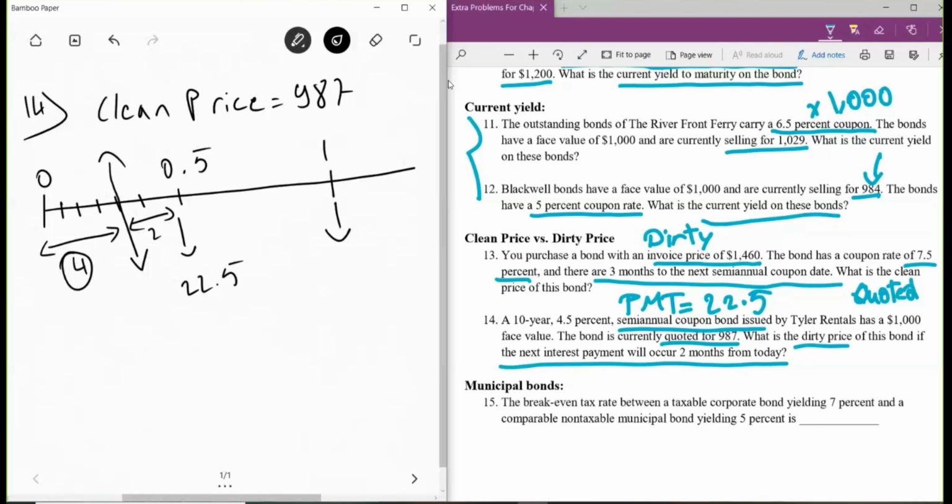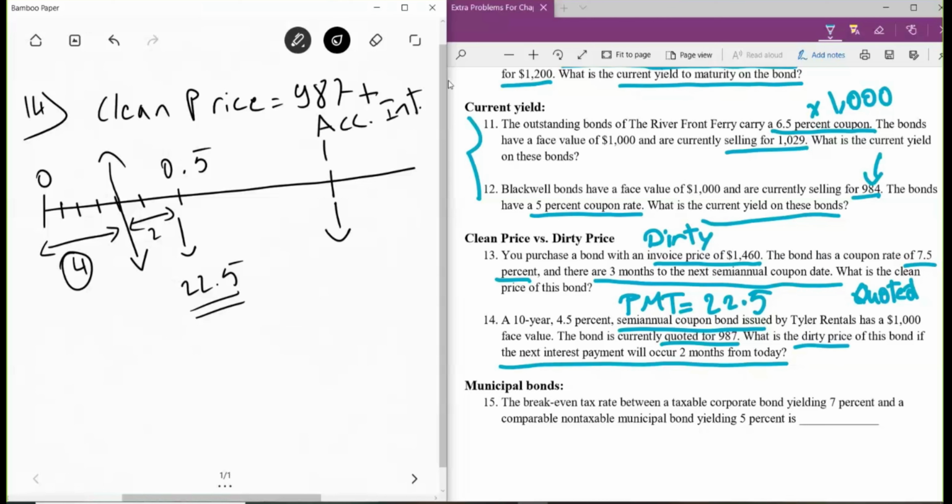the bondholder who's going to sell the bond at this point in time has waited for 4 months without receiving anything. The new bondholder will wait only 2 months and will receive the full $22.5. So in this case, the seller of the bond will request, in addition to the $987, what we call the accrued interest, his or her share of that $22.5 coupon.